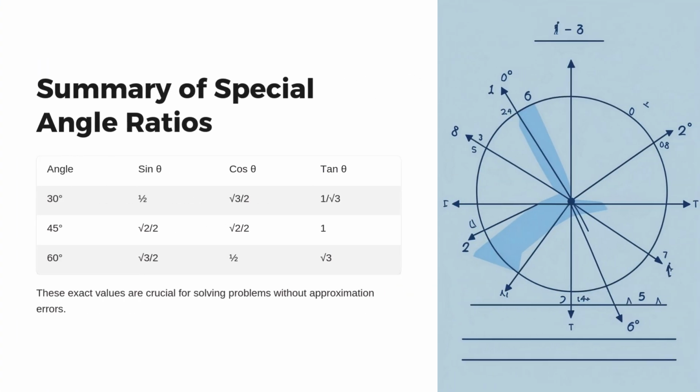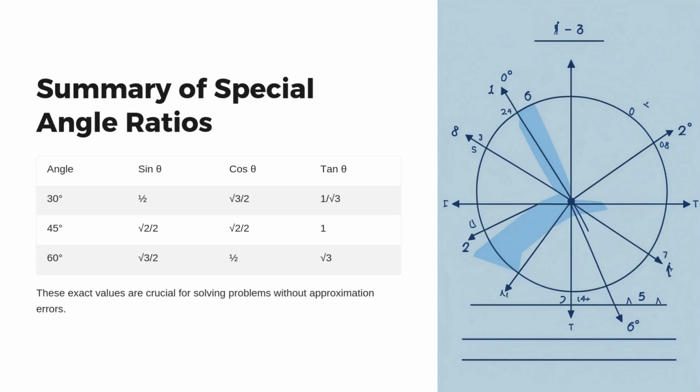Summary of special angle ratios. Observe the table to analyze the angle values for sine theta, cosine theta, and tangent theta at 30 degrees, 45 degrees, and 60 degrees. For 30 degrees, sine 30 degrees equals 1/2, cosine 30 degrees equals square root of 3 over 2. Tangent 30 degrees equals 1 over square root of 3.